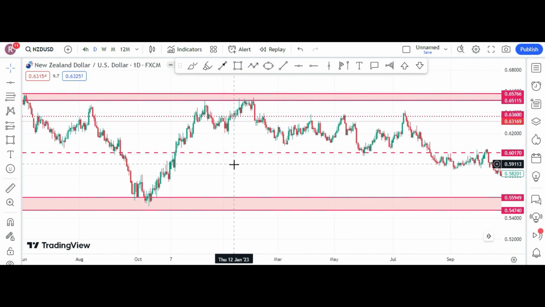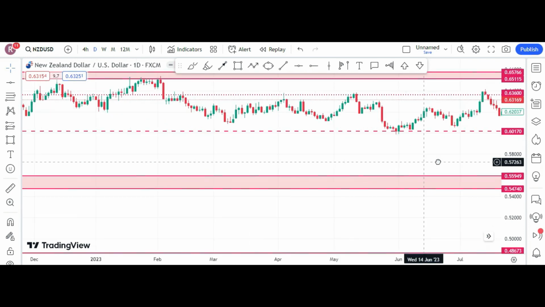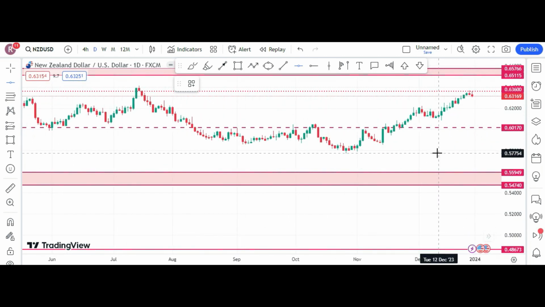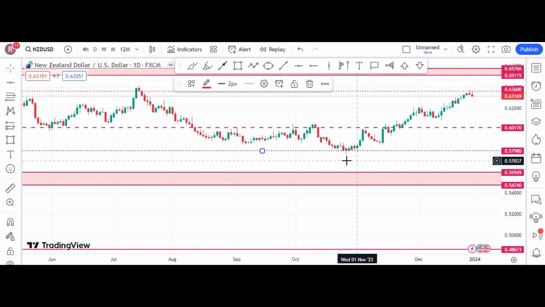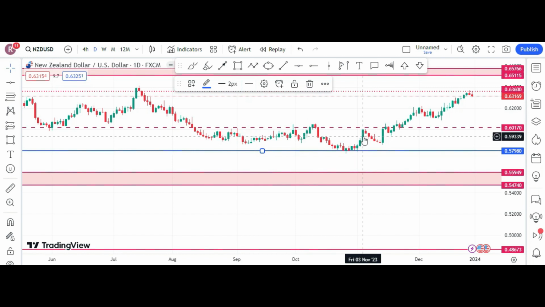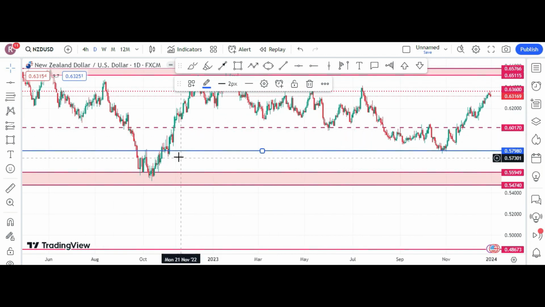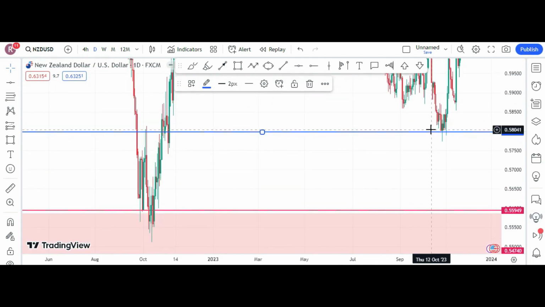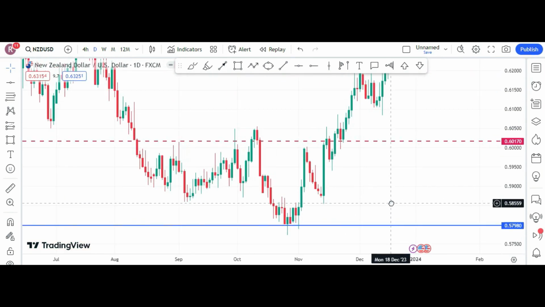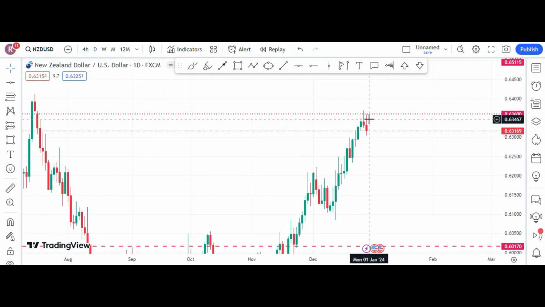Let's mark it. This is the thing which made the double bottom here on the daily. This is the guy, and it put it bullish again to this extent, and here something is resisting it again.